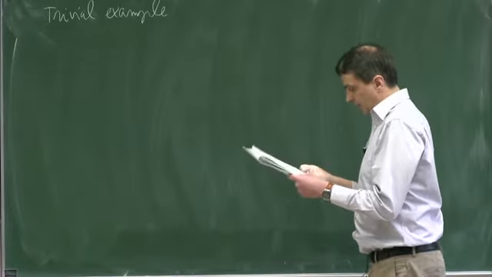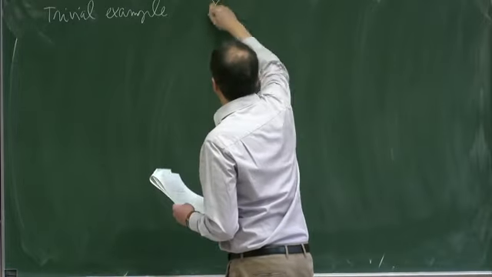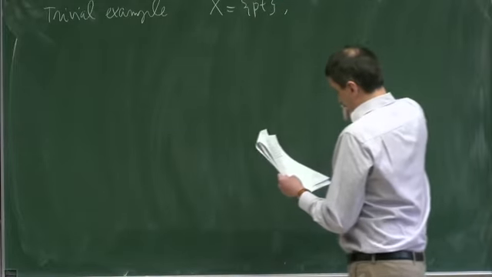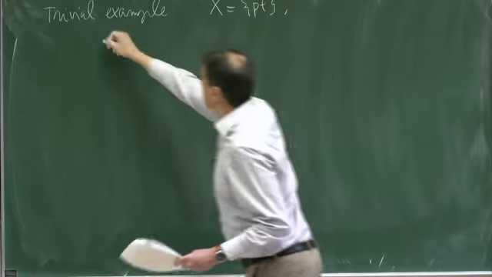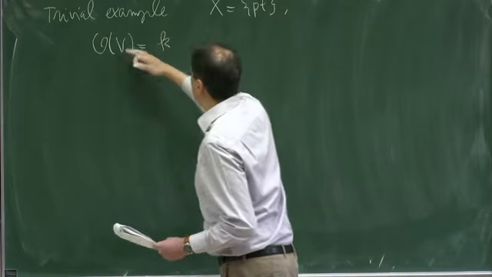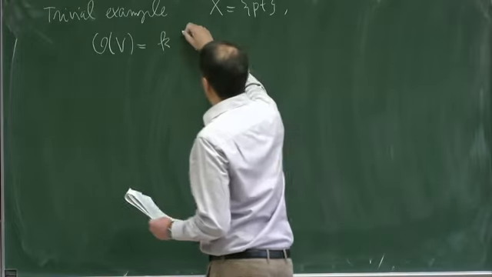So the trivial example is you take the support to be a point, and the functions on V are, so V is an affine space but graded.